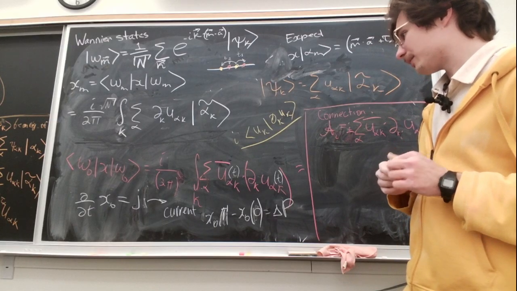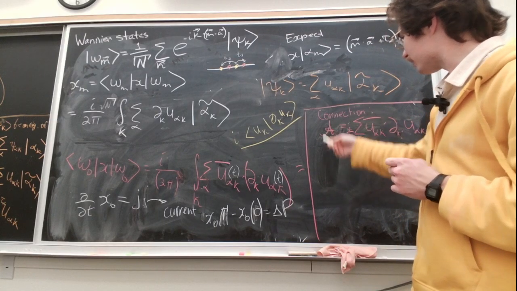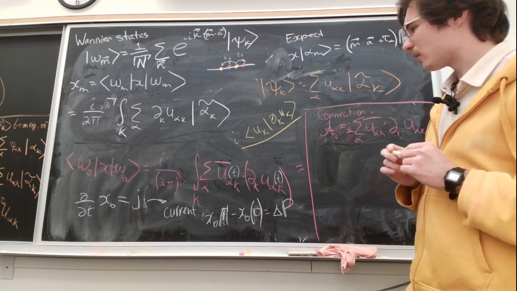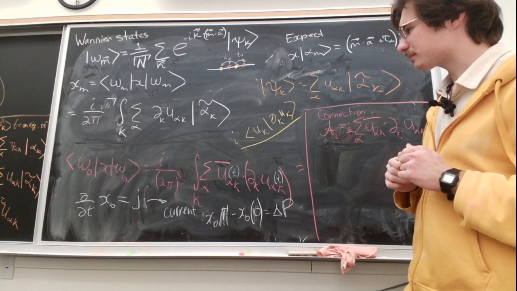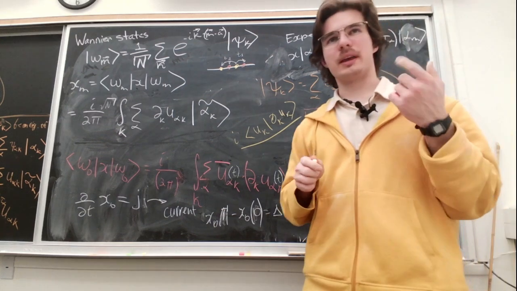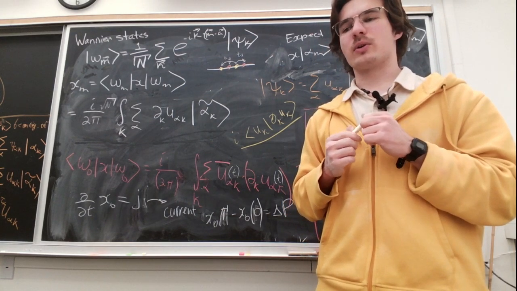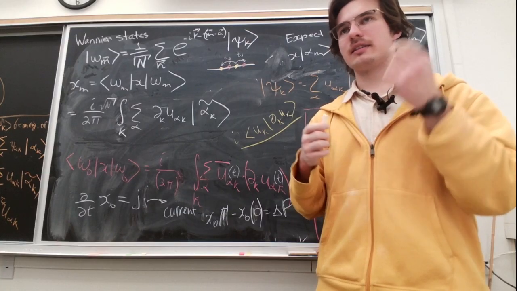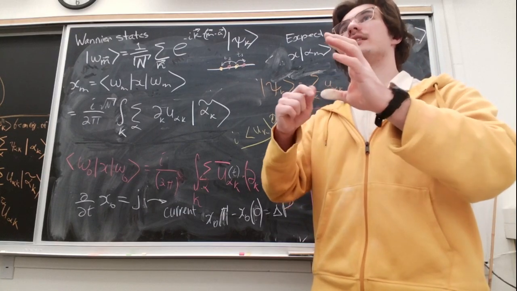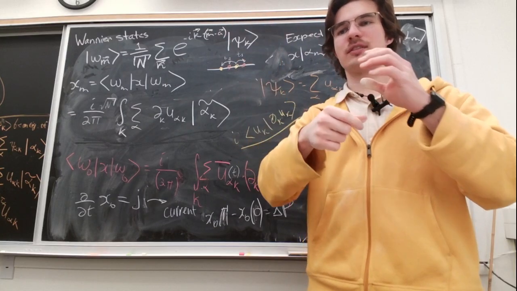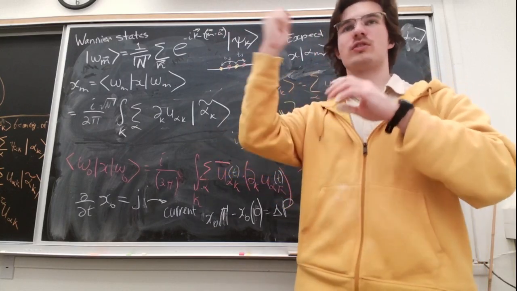So the derivative of the connection would give me something like this. This is the main idea that we're going to see next time with charge pumping. We're going to take our system and start varying some additional parameters of the system, which is going to move my charges around.